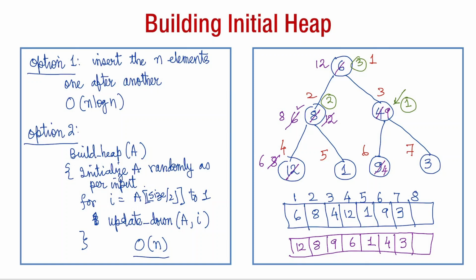There are n by 2 elements that do height 1, n by 4 elements height 2, n by 8 elements height 3, and so on. I leave it to you to figure out why this is order n. It's a very simple calculation.